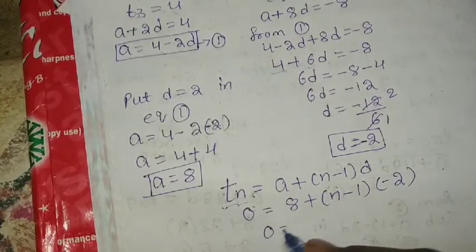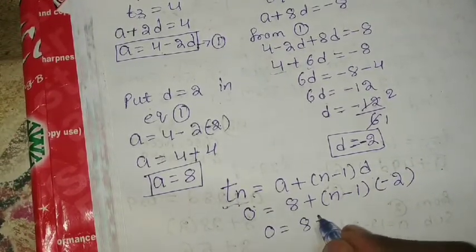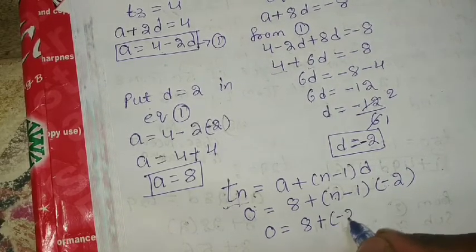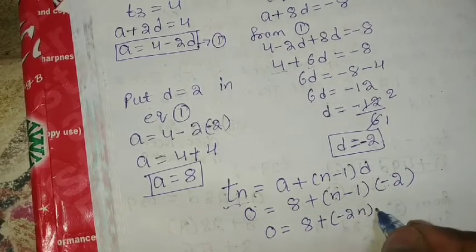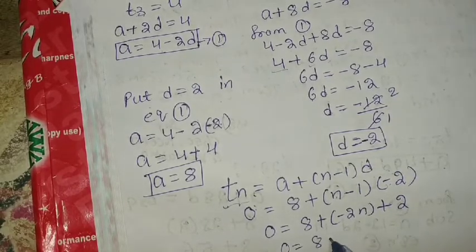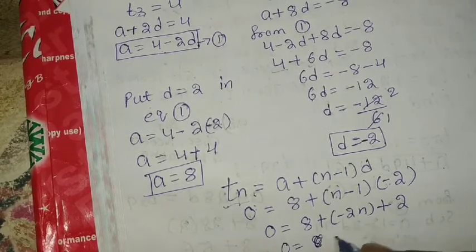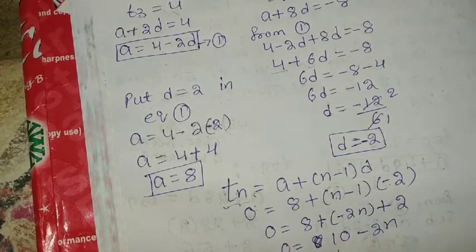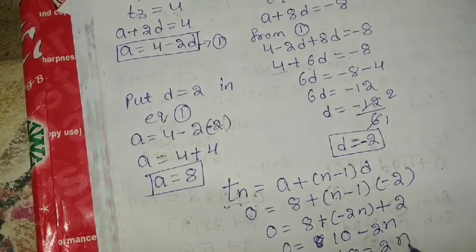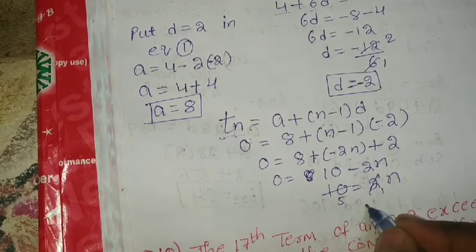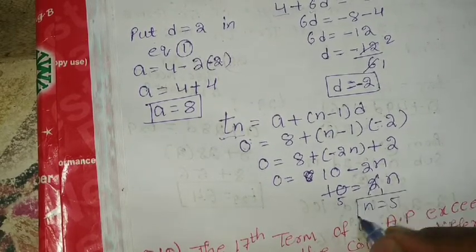Okay, 0 is equal to 8 plus, substitute this, minus 2 into n, we get minus 2n, minus into minus plus 2. Okay, 8 plus 2, what? 10. 10 minus 2n. So 10 is equal to 2n. 2 ones are 2, 2 fives are 10. Therefore n is equal to 5.